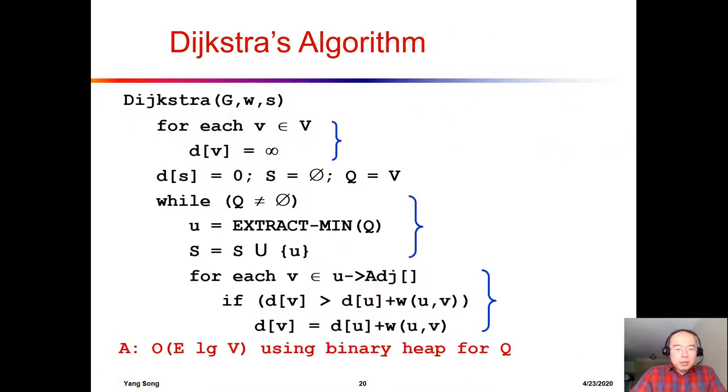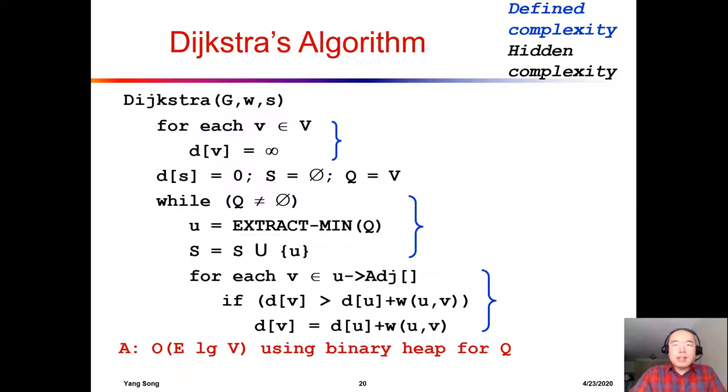Let me give you the answer first. The answer for Dijkstra's algorithm is O(E log V). How do we get there? I'm using the same notation: the blue ink shows the defined complexity, and the black ink shows the hidden complexity. Especially since we are using the min heap, there are some hidden complexities to massage the min heap to make sure it works.